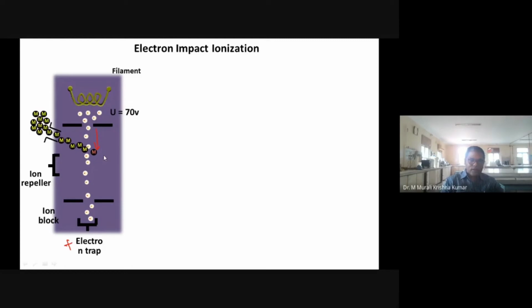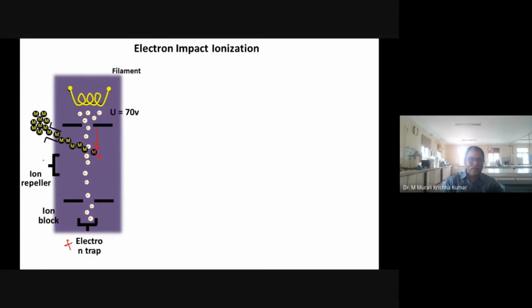When they collide, because they are orthogonal, almost perpendicular, and the molecules are occupying this ionization chamber, these electrons will bombard the molecules, so electrons are knocked out and positively charged ions are generated.